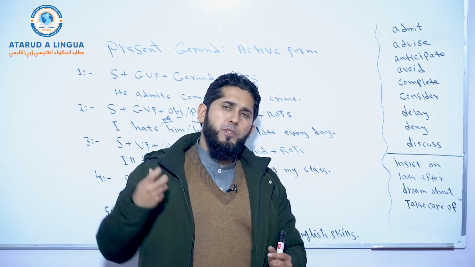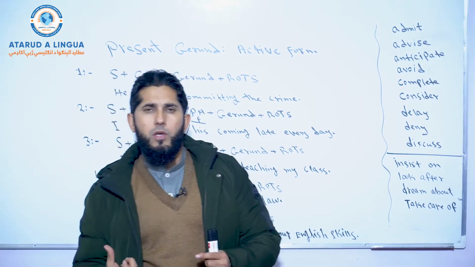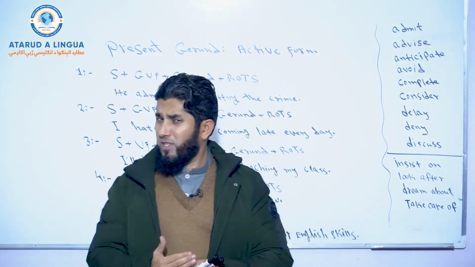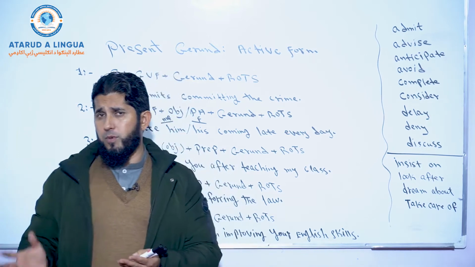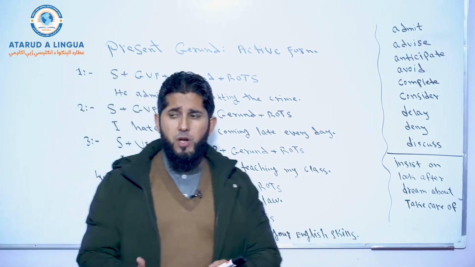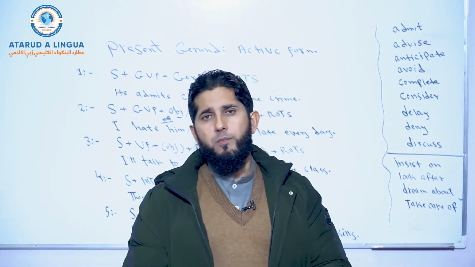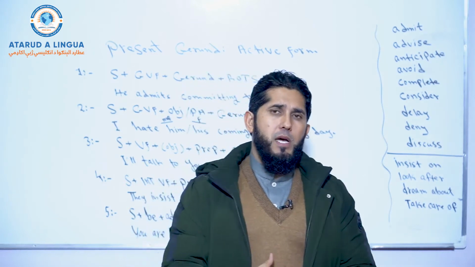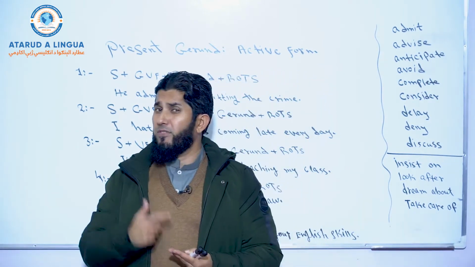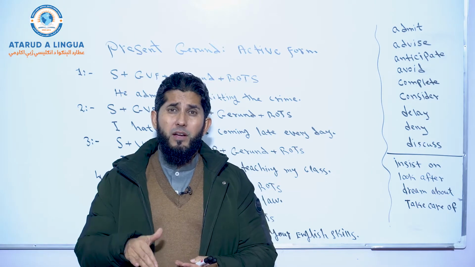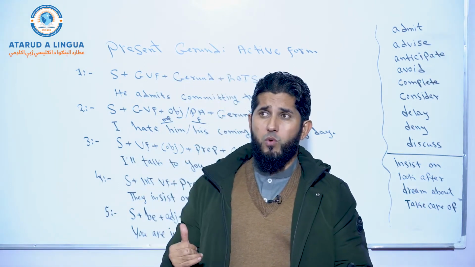And we have some specific adjectives which collocate with some specific prepositions, and then those prepositions can be followed by gerund as well. For example, interested in, happy about, excited about, famous for, fan of, tired of, accused of, blamed for.